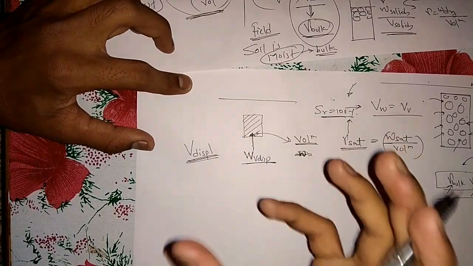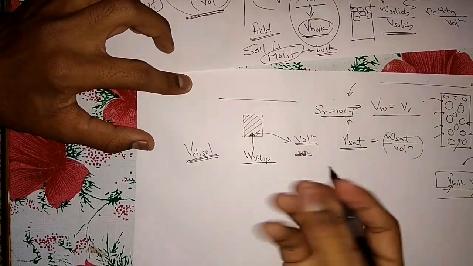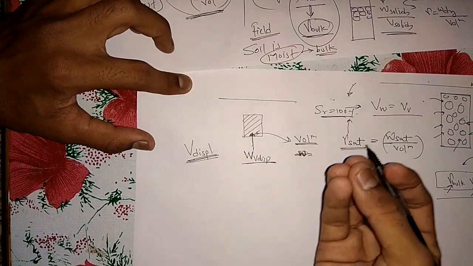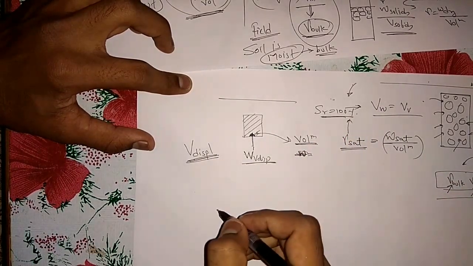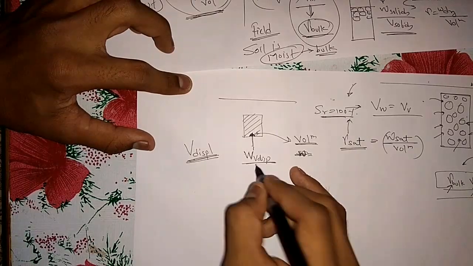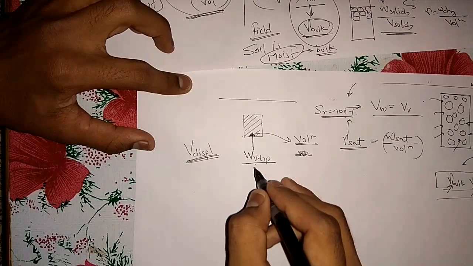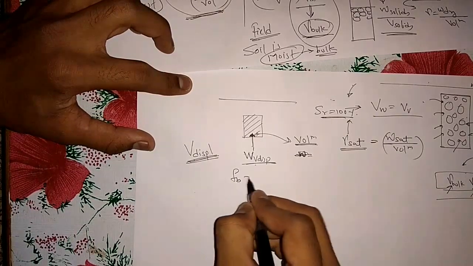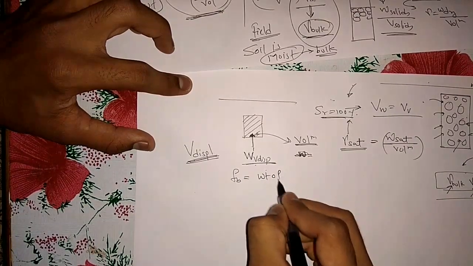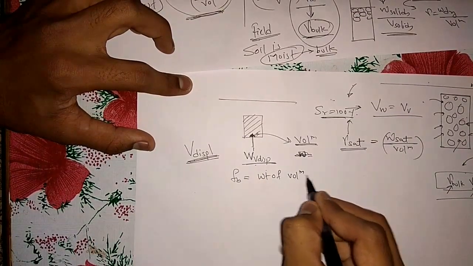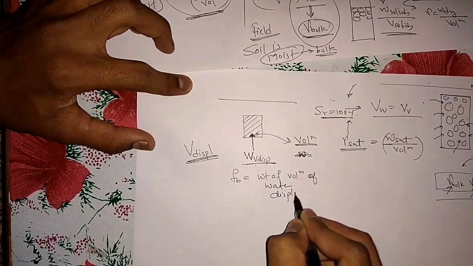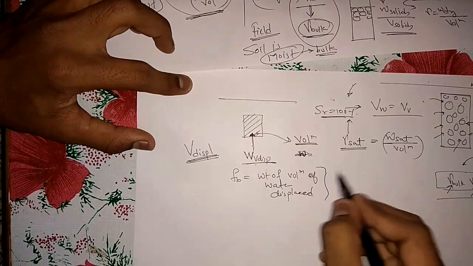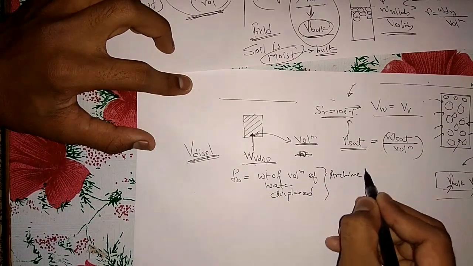So whatever volume of water you displace, the force acting on this body is the buoyant force, or that buoyant force Fb is equal to the weight of the volume of water displaced. This is simply called Archimedes principle.